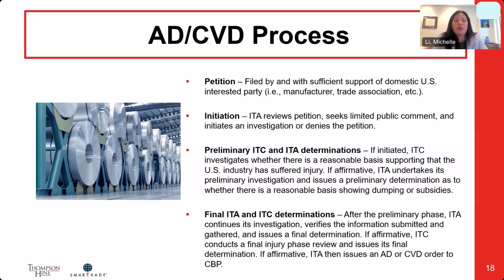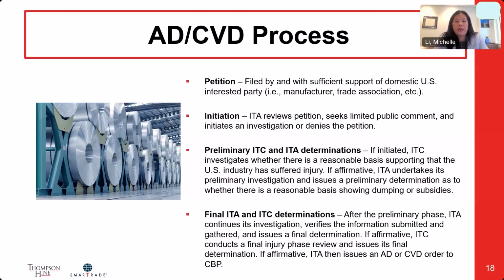So once the investigation is initiated, Commerce's ITA division would determine whether dumping or subsidizing exists, and if so, what the margin of the dumping and the amount of subsidy are.